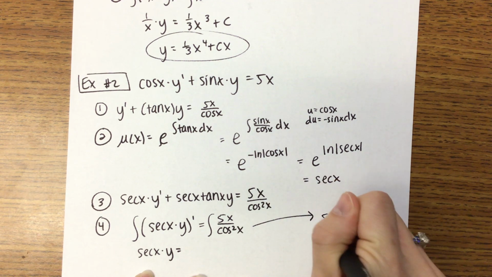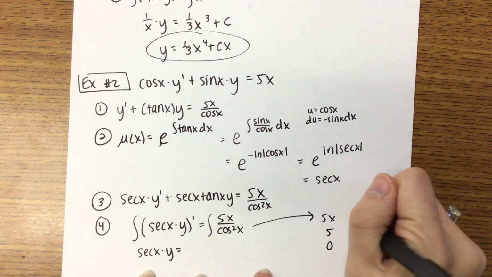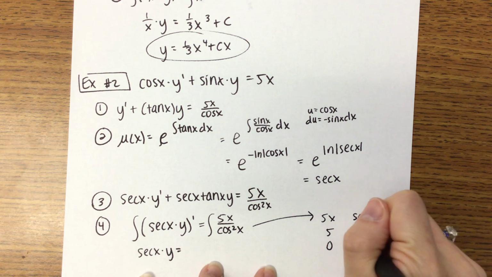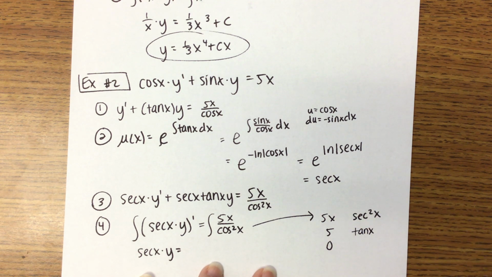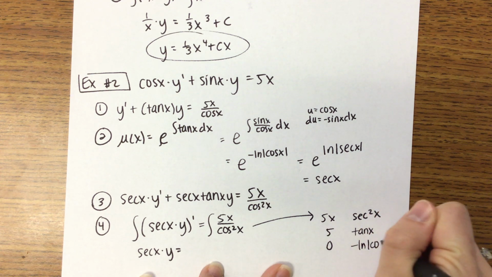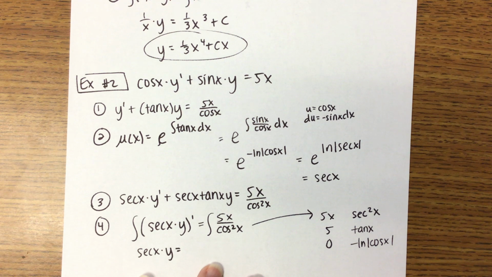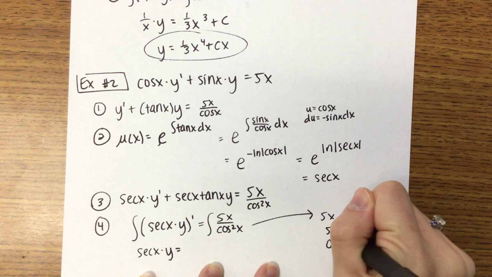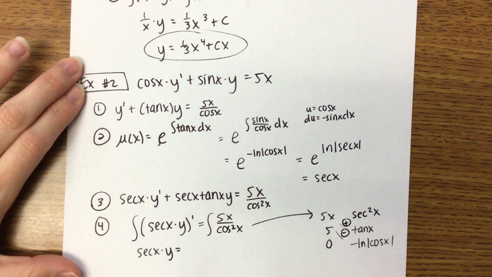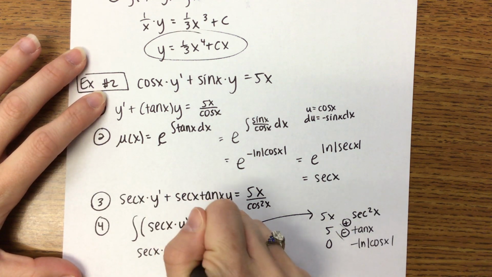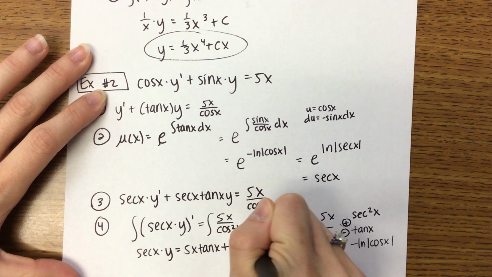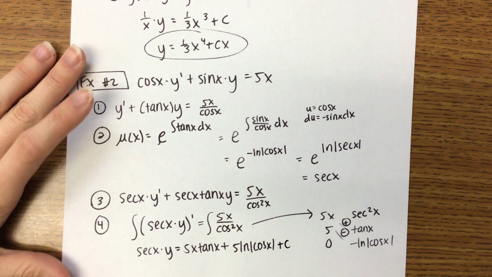So we have the 5x, take the derivative of that. Secant squared of x. Integrate that, you get tangent x. Integrating tangent x, we already did that. You know that you're going to get negative natural log of cosine x, or natural log of secant x, either one. So add, subtract. So we get 5x tangent x plus 5 natural log of cosine x, plus c.